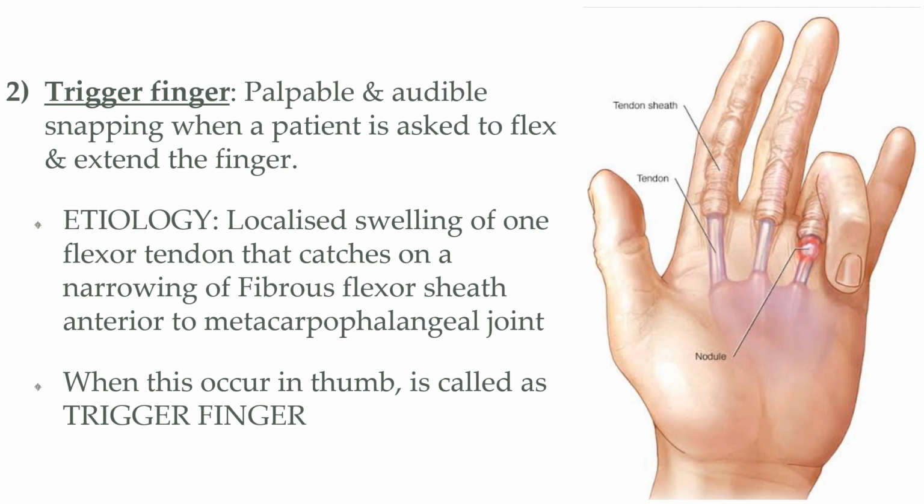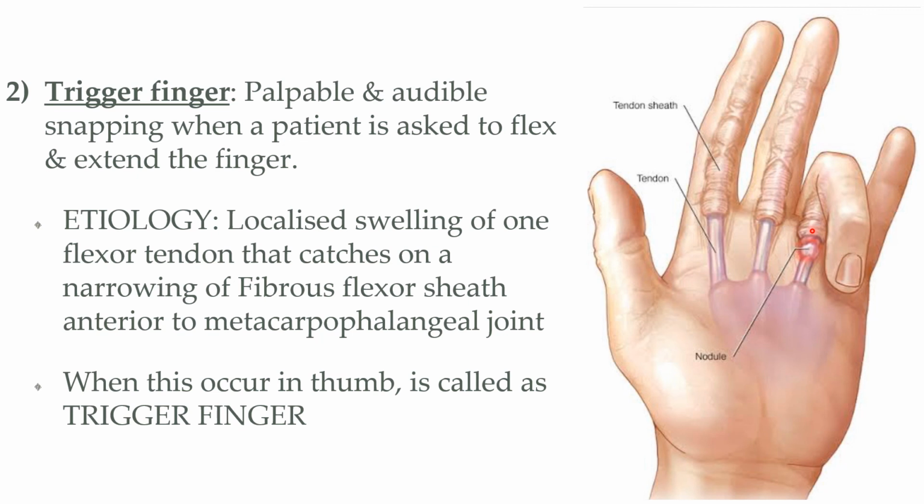Next is trigger finger. It is a condition in which a palpable and sometimes audible snap is heard whenever the patient performs flexion and extension of the affected digit. Why does this occur? In this condition, localized swelling of the affected tendon occurs and the fibrous flexor sheath undergoes thickening and narrowing of the underlying space.